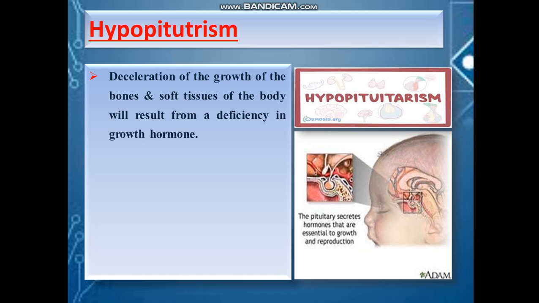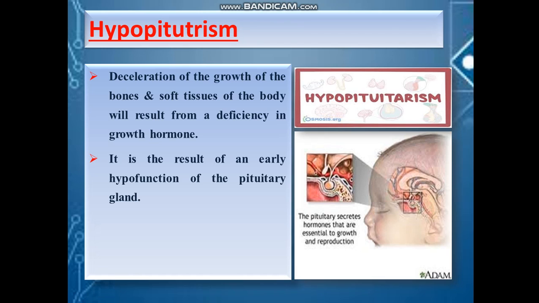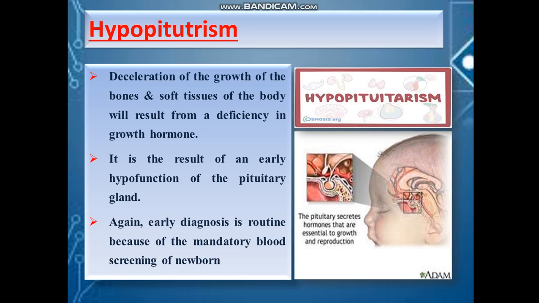Growth hormone deficiency results in deceleration of the growth of the bones and soft tissue of the body. The early diagnosis again is routine because of mandatory blood screening of newborns.